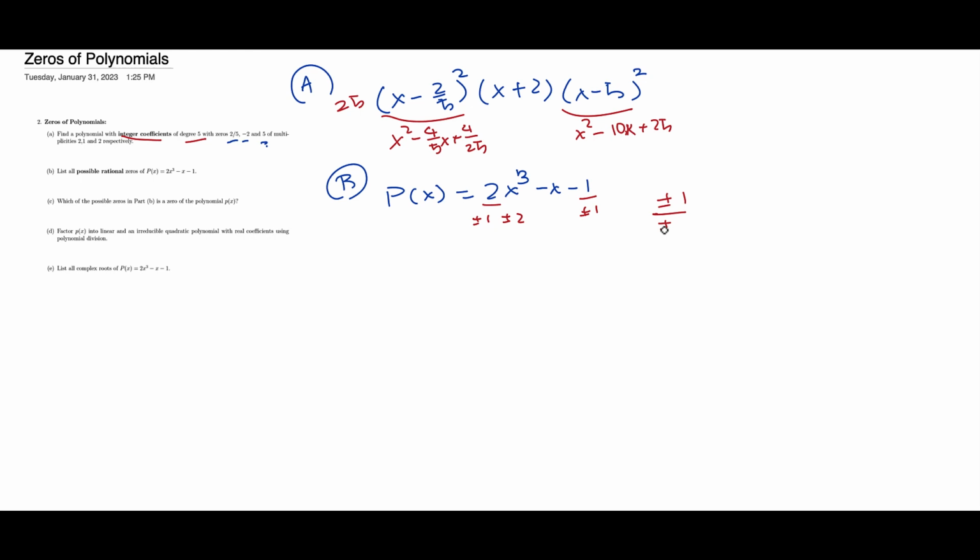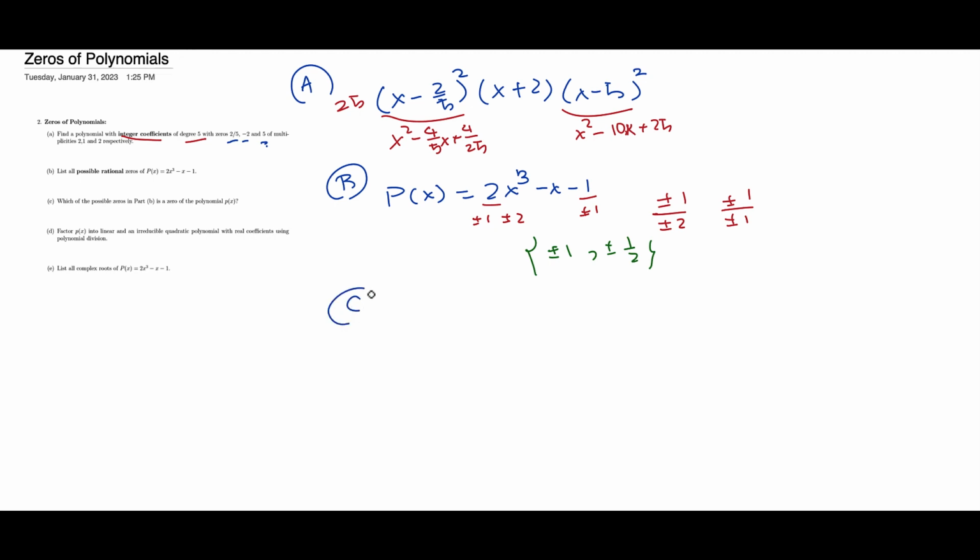So you have all the situations that can happen, and you end up with either plus minus 1 for that one and plus minus 1/2 for the other one. That's part B.